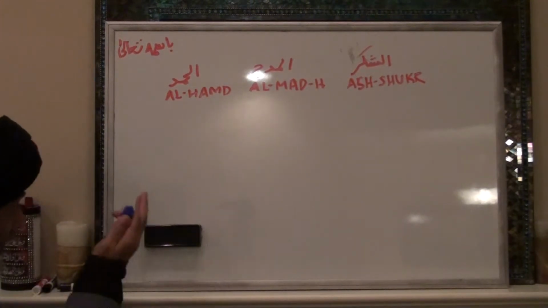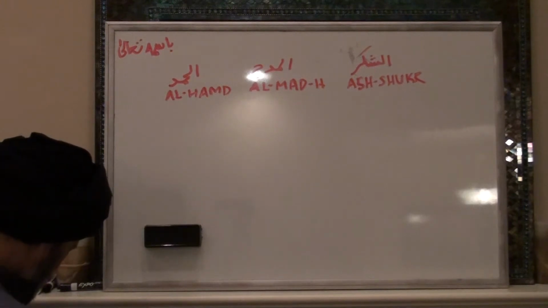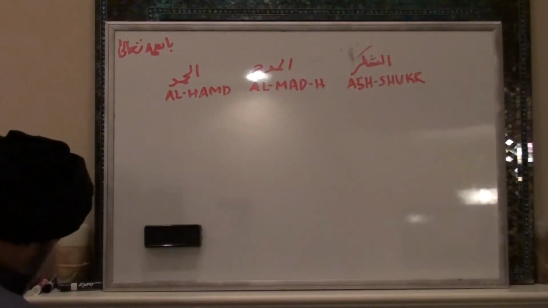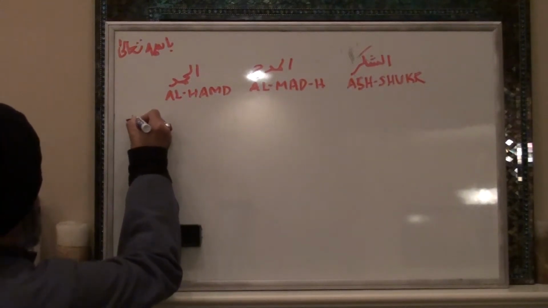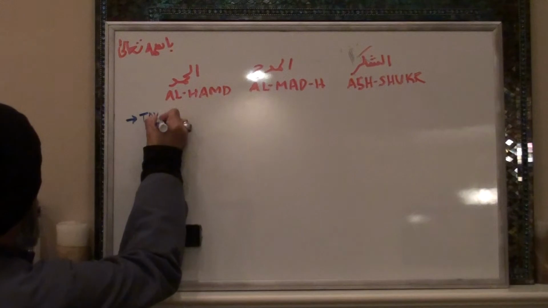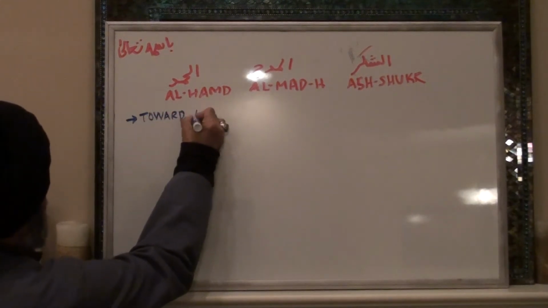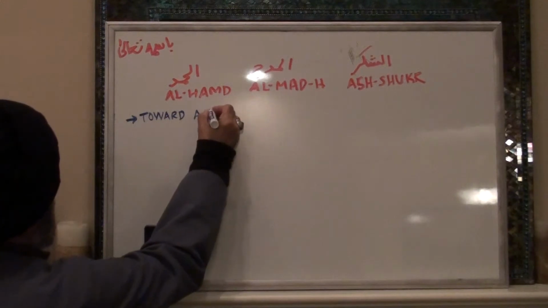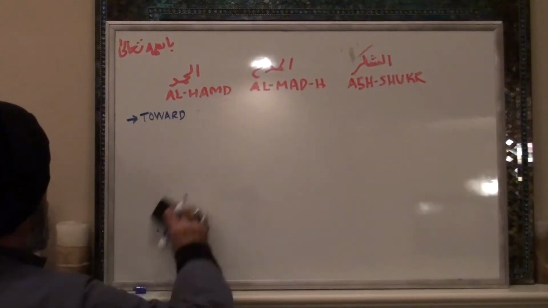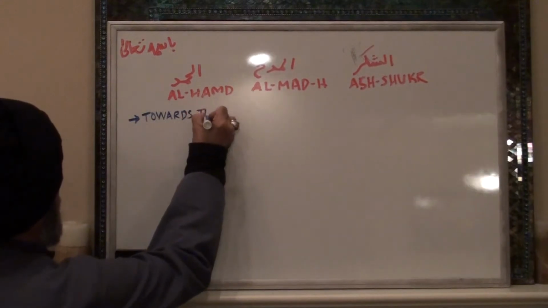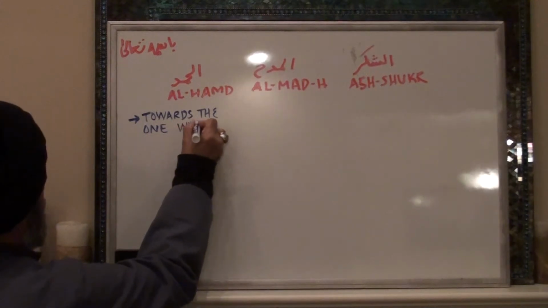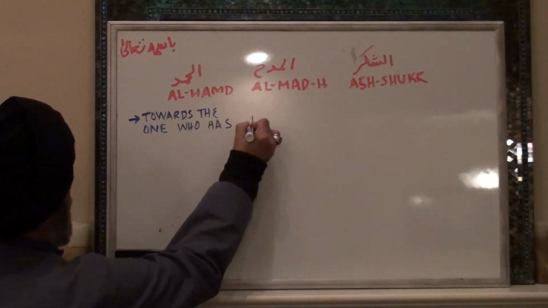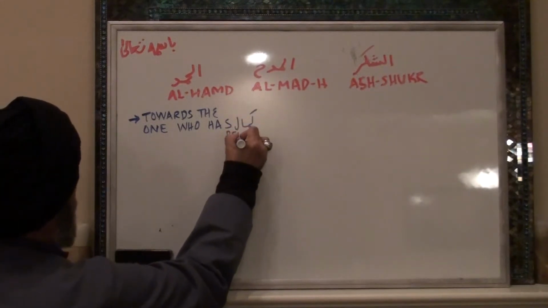So madh, the difference between hamd and madh. I already talked about the definition of hamd, which I don't think I have to repeat. So hamd is done towards kamal, perfection.